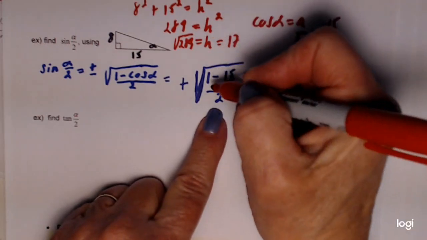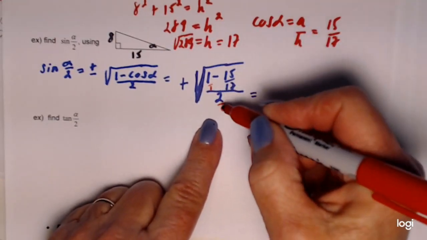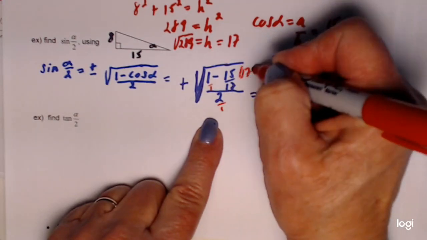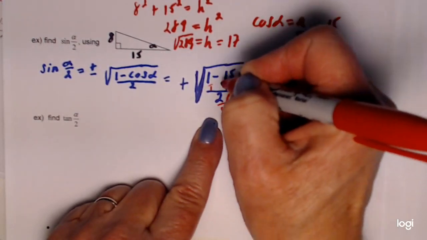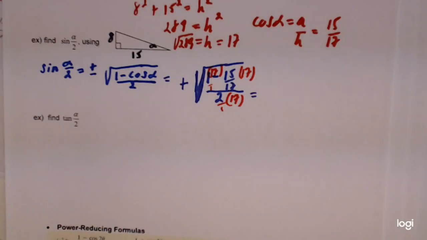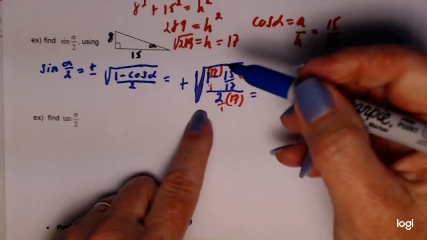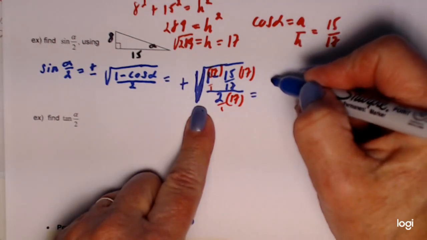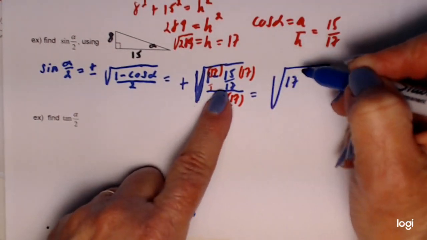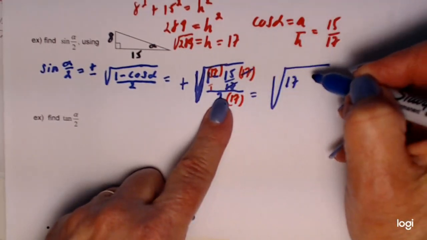So here, this would be over 1, this would be over 1, so our denominators are 1, 1, 17. The LCD would be 17. So we're going to multiply everything by 17. And so 1 times 17, so here is our square root symbol. So this is 17. These 17s cancel out.